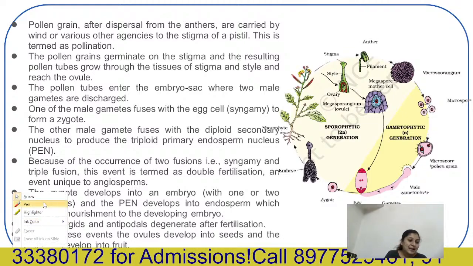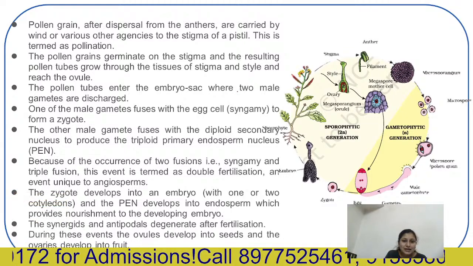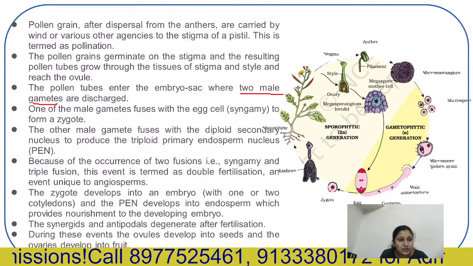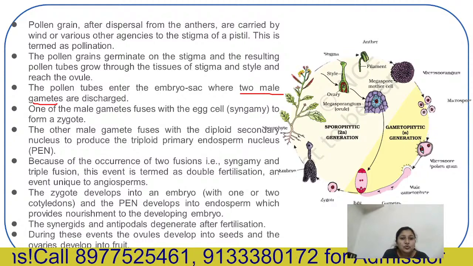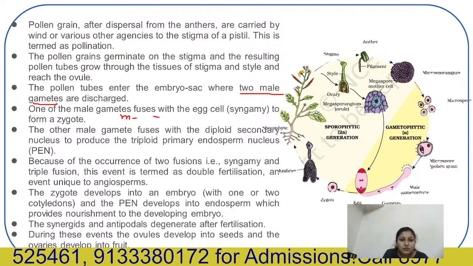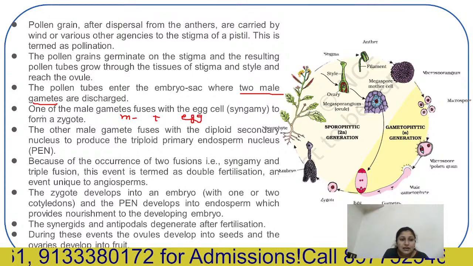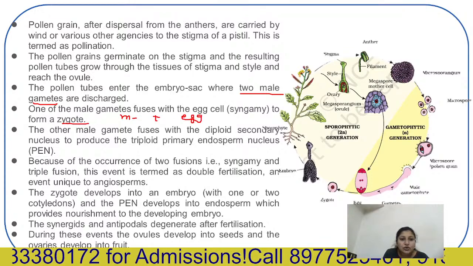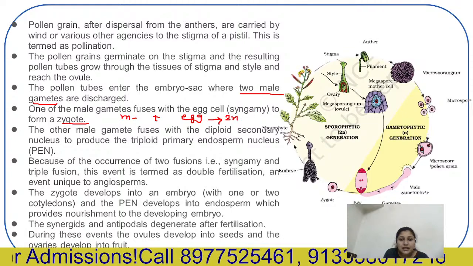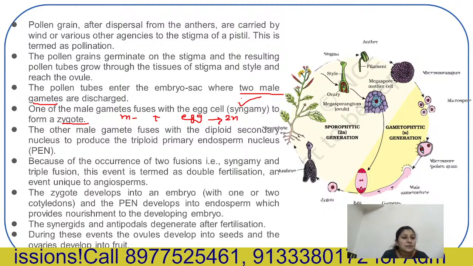So how many male gametes are discharged? 2 male gametes are discharged from the pollen grain. One male gamete fuses with the egg cell. This will give rise to the 2n zygote, and that is called syngamy.